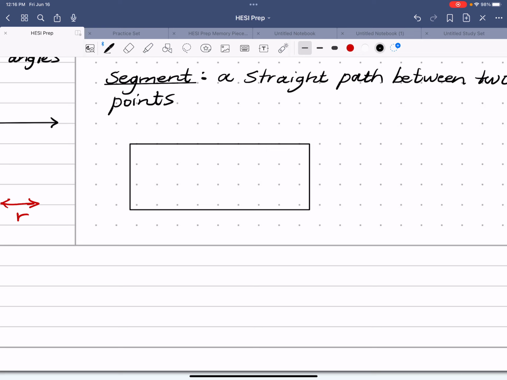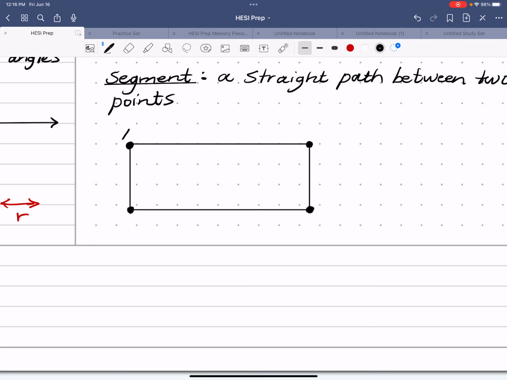I'm going to put some points. There's a vertex because two segments are coming together. Here's another vertex. So there's one vertex, two vertices, three vertices, four vertices.